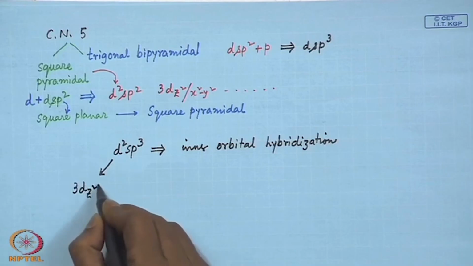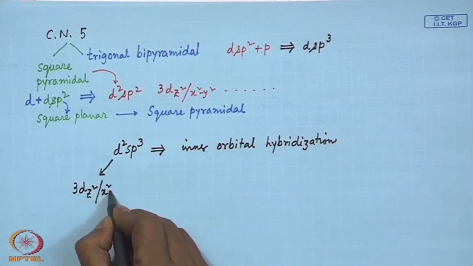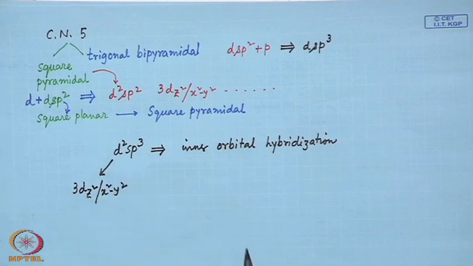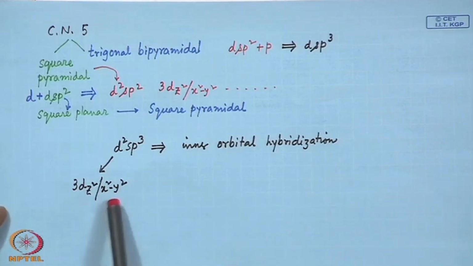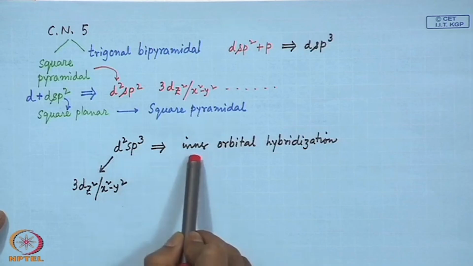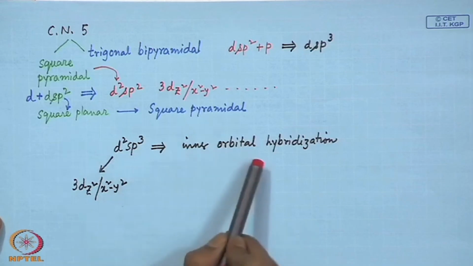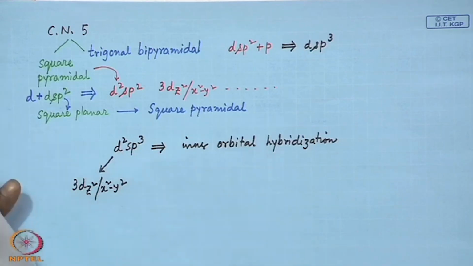3d z square and 3d x square minus y square. So if we utilize the other d orbitals, that means the 4d z square and 4d x square minus y square, then we can have the corresponding hybridization as the outer orbital hybridization.